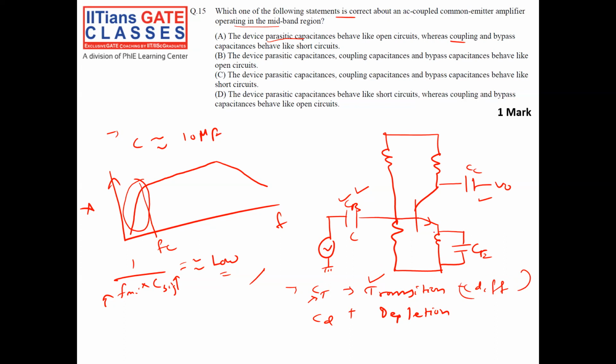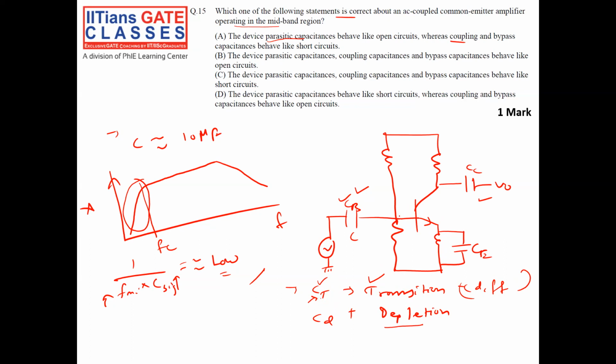There is a capacitor which is built into the device, right? Which is not external, right? I just briefed you: the capacitance is mainly because of the depletion region of the PN junction, and whenever a junction is forward biased, there is charge carrier injection. So because of the more charges in the base and emitter, there is a capacitance called transition capacitance. Okay, so between base and emitter, there are two kinds of capacitor. One is CT, one is CD.